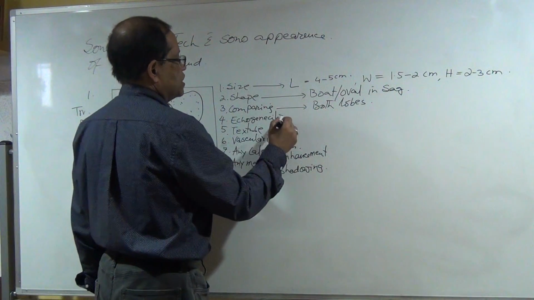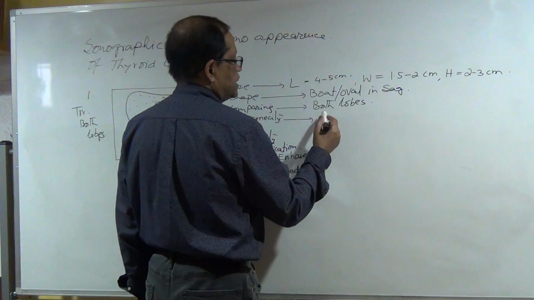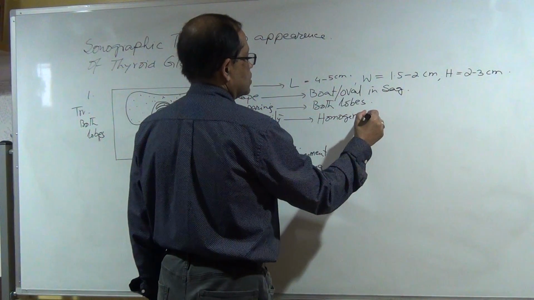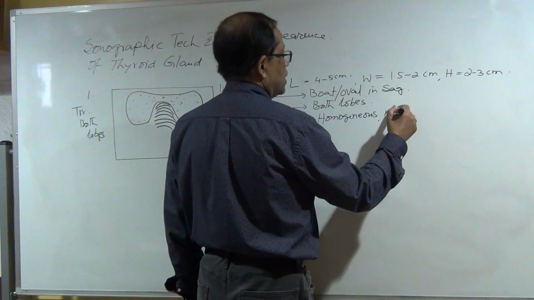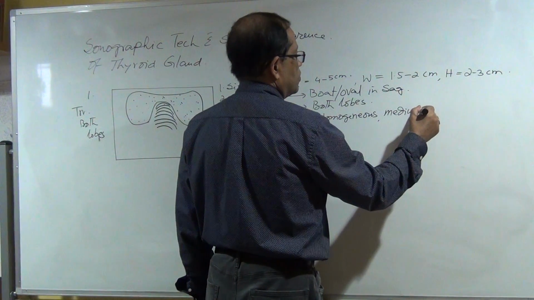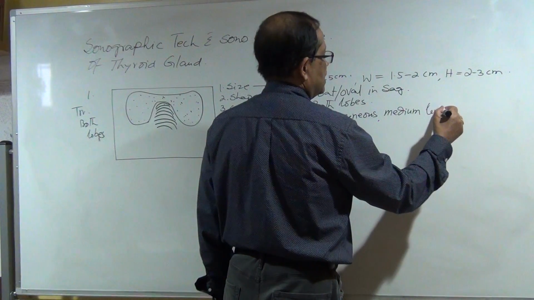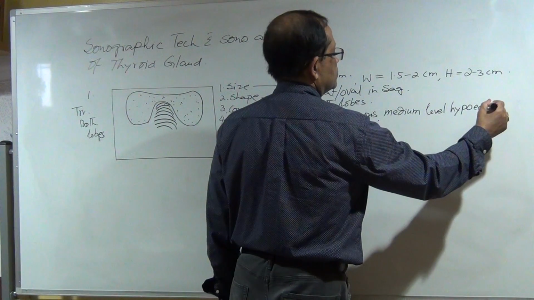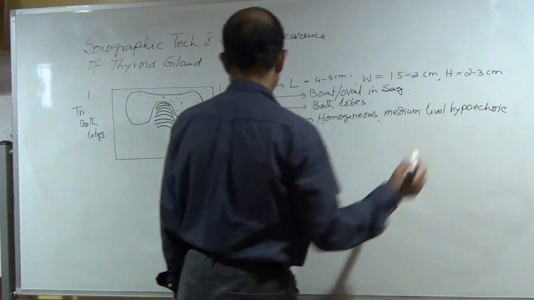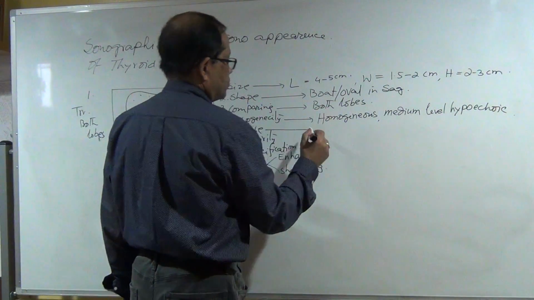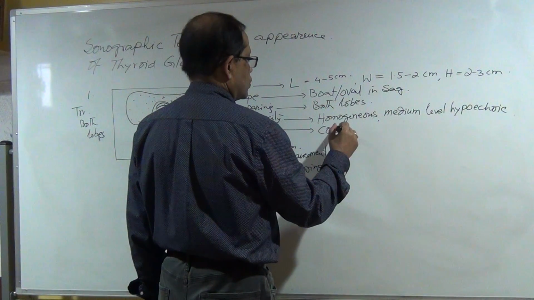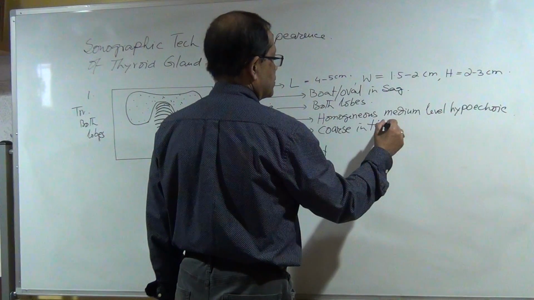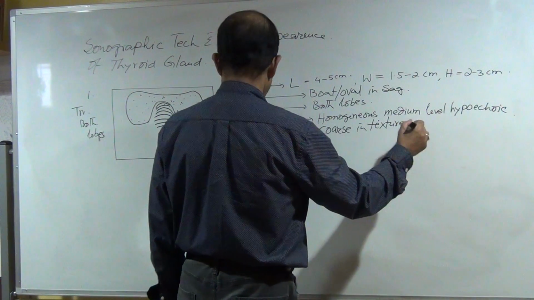About everything. Echogenicity: it is homogeneous, medium level, hypoechoic. Texture: coarse in texture.